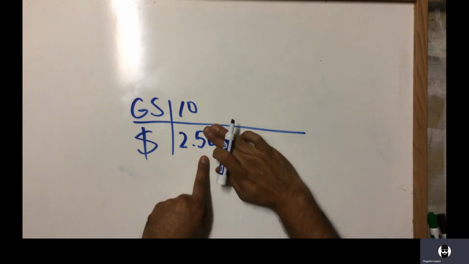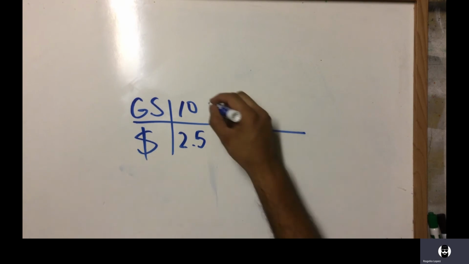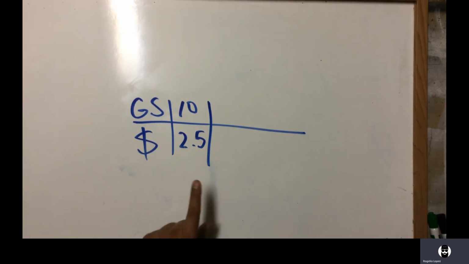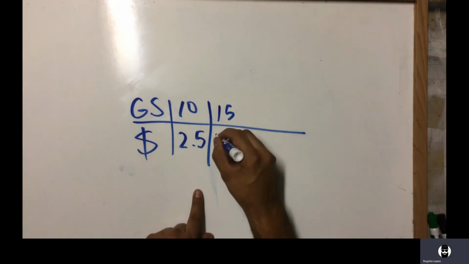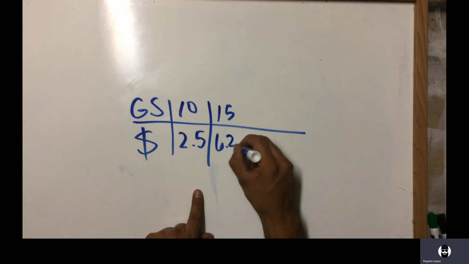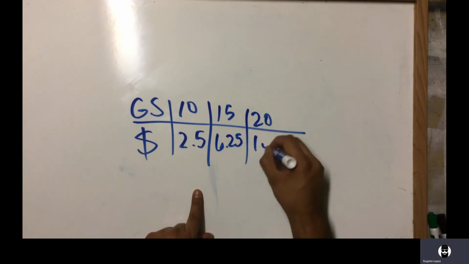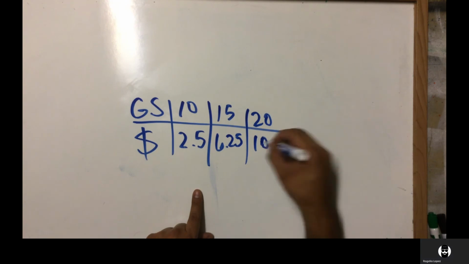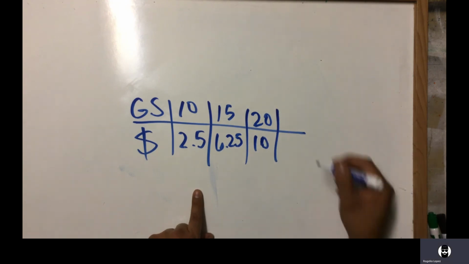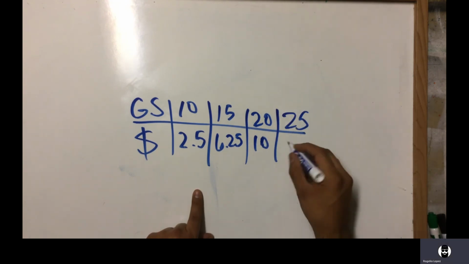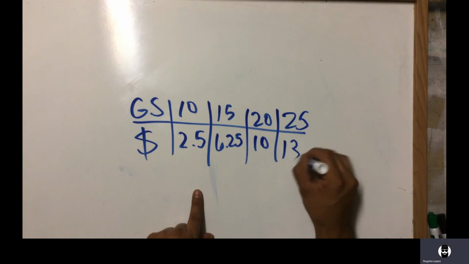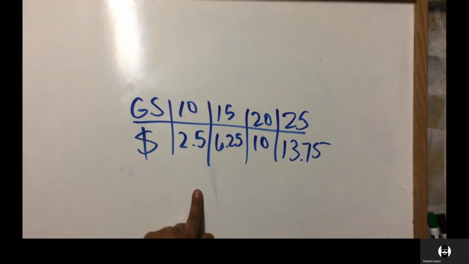So if you want to change it, change it. If you don't, don't. It doesn't really matter. Then it goes on to 15 and 6 1/4, 20 and $10 profit, and the last one is 25 and $13.75.